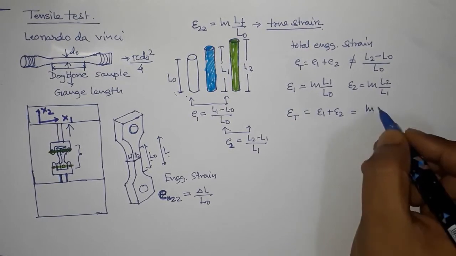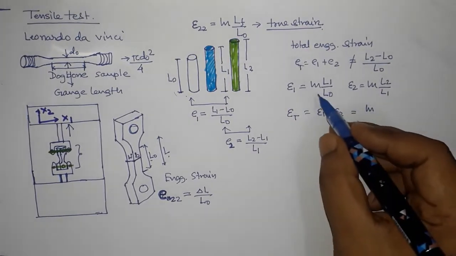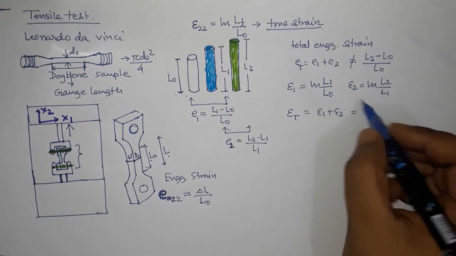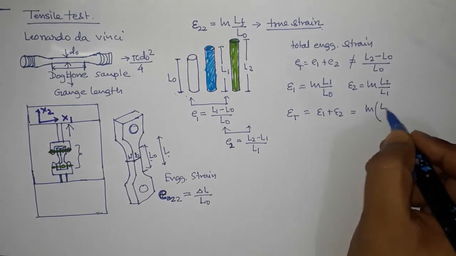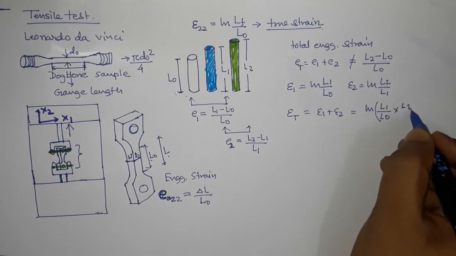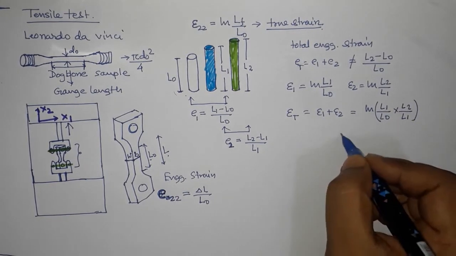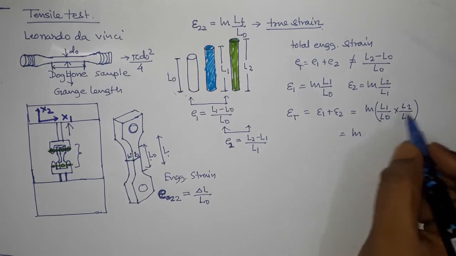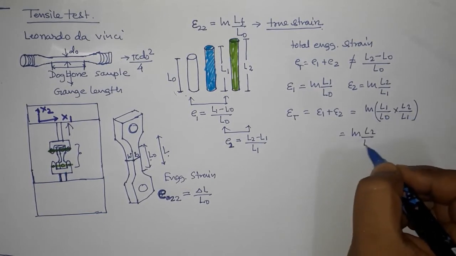We can write ln A plus ln B is equal to ln A times B, so that will be L1 by L0 times L2 by L1, which is equal to ln L2 by L0.